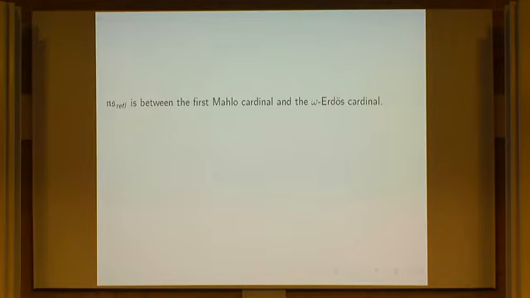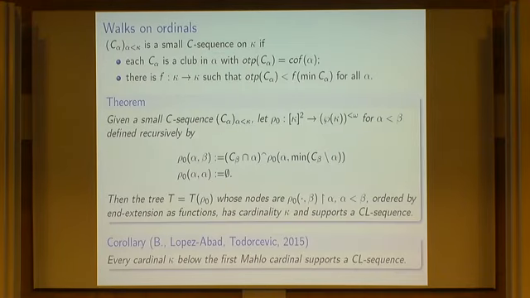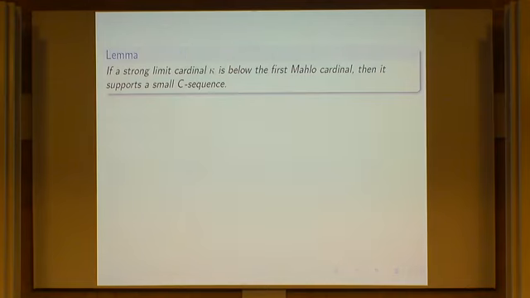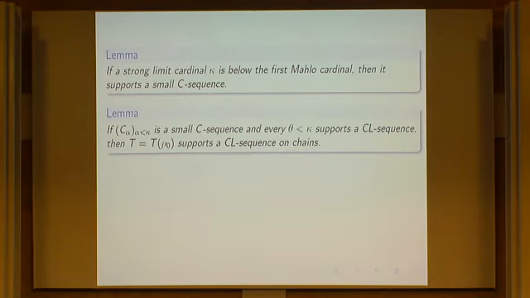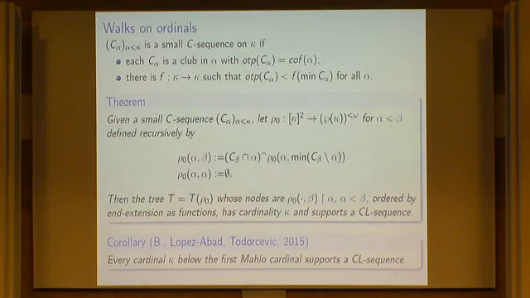So let me just mention here, in order to conclude the proof: if I take kappa below the first Mahlo, either it is a strong limit and then it supports a small sequence, and then I get a CL sequence on chains of the tree, and then using our main result, I get a CL sequence on the whole tree.